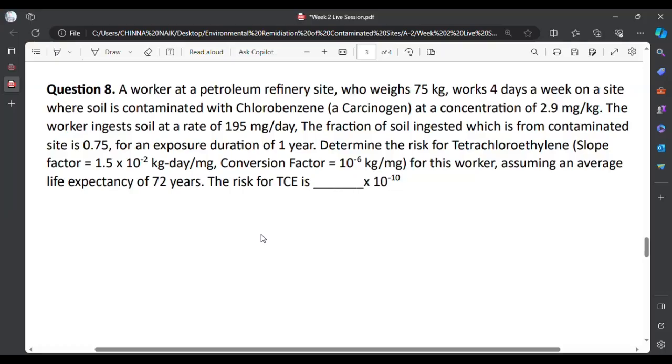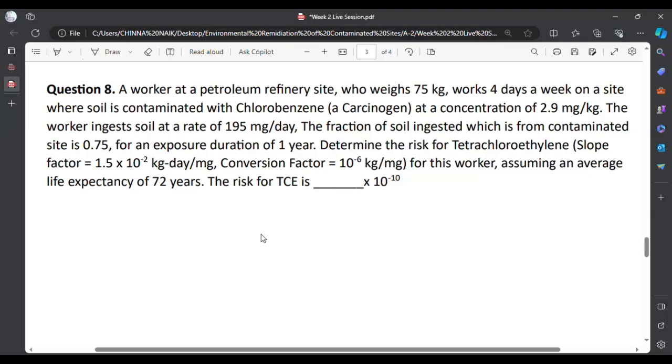So EF you calculated, and then ED, exposure duration, is 1 year, and body weight is 75 kg.